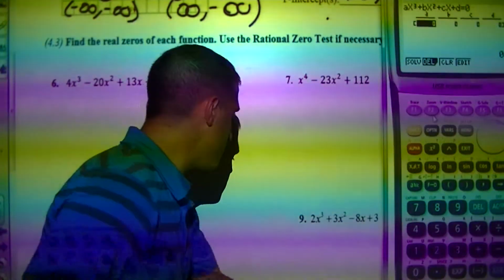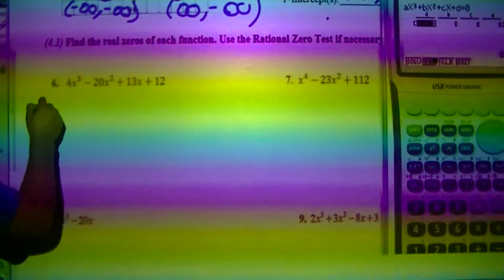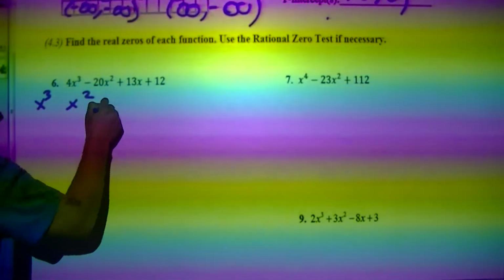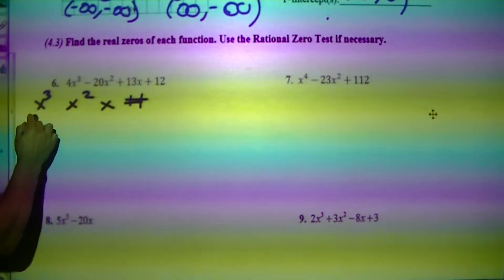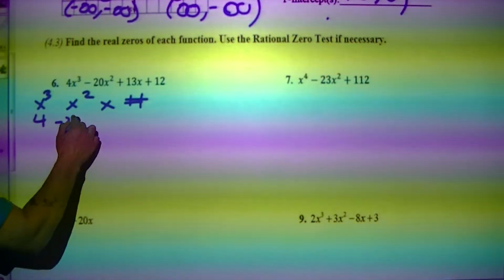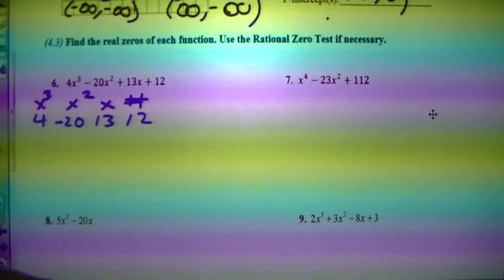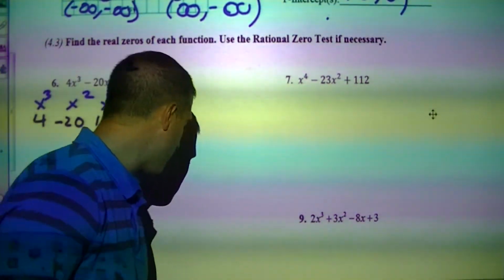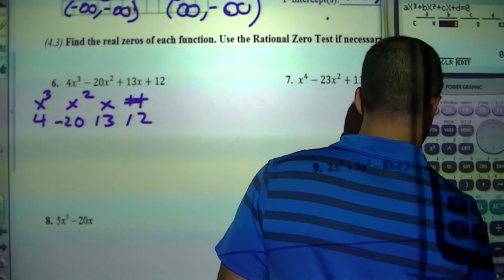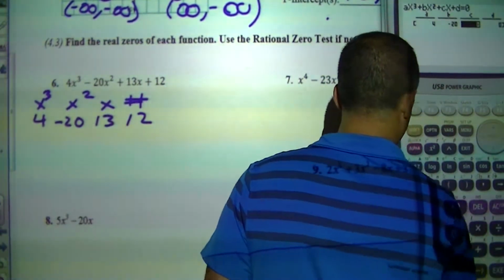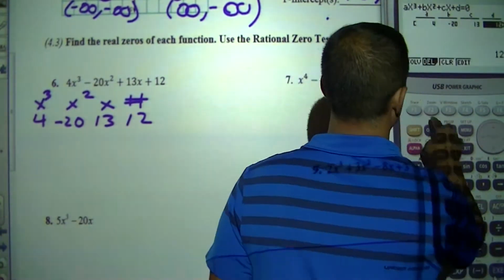Now, the important part is that it's going to be x cubed, x squared, x, number. So you always work it sequentially down. So that's 4, that's -20, that's 13, that's 12. We're going to get into a second what happens when you don't have one. But I'm going to type those in going across: 4, -20, 13, 12. Solve.